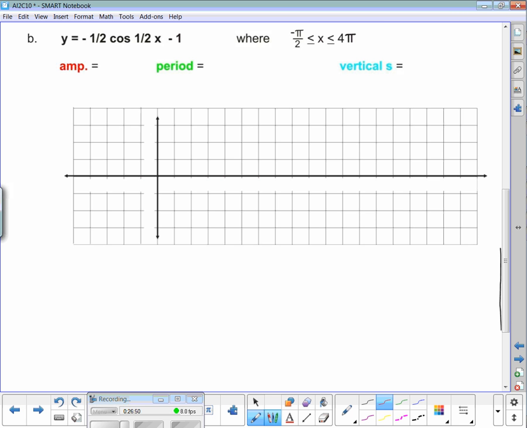Andrew, what do you have for an amplitude? 1/2 is the amplitude. Shane, what do you have for a period? Okay, so if we were going degrees, it would be 720. But I notice here I've got radians, so I'm going to do it in radians as well. So one wave is 4 pi.